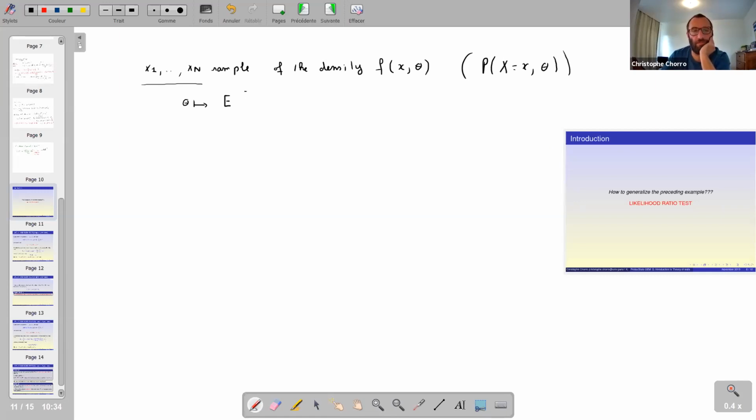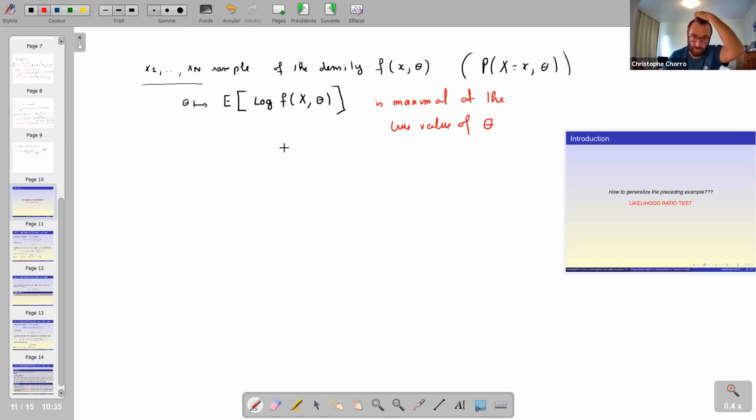We have seen together that this mapping, that is the expectation of the logarithm of f(X, theta), the expectation of the log density at the point capital X, the random variable having this density, is maximal at the true value of theta.